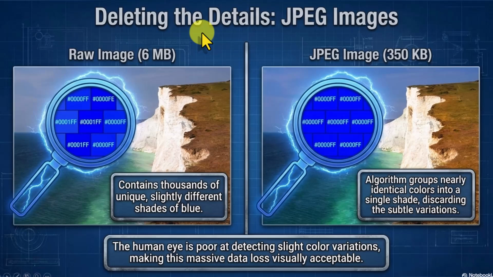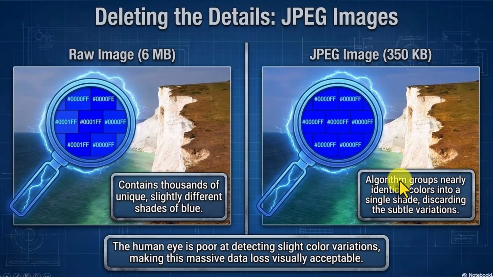Some examples: in pictures, deleting the details. We have a very highly detailed picture, for example 6 MB, and it contains thousands of unique, slightly different shades of blue, maybe not perceivable or detectable by the human eye. So what will we do?